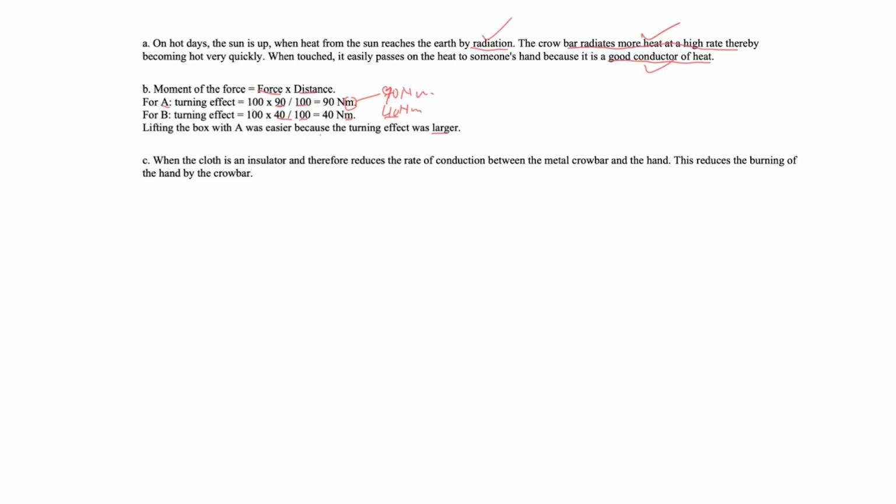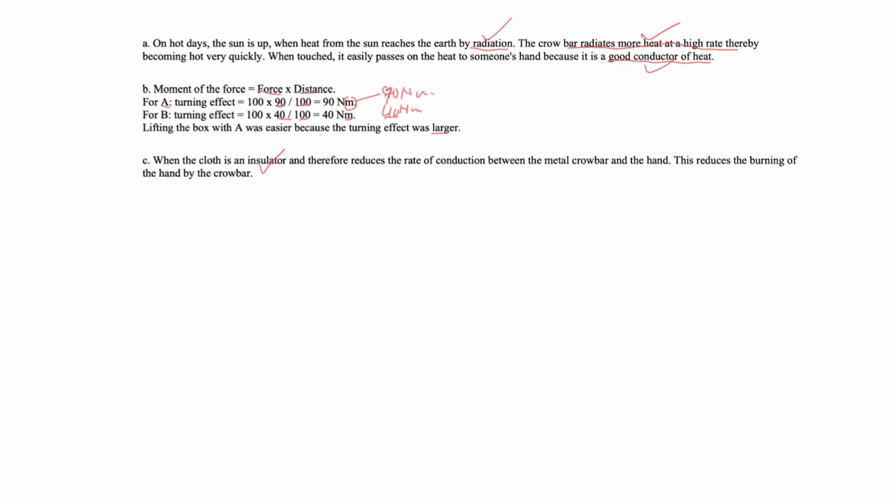And lastly, we are meant to explain why wrapping the crowbar with thick woolen cloth would make their work easy. Okay. Now this was our response for part C, when the cloth is an insulator.